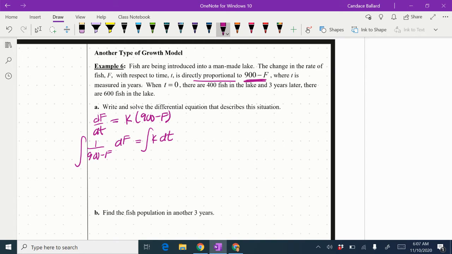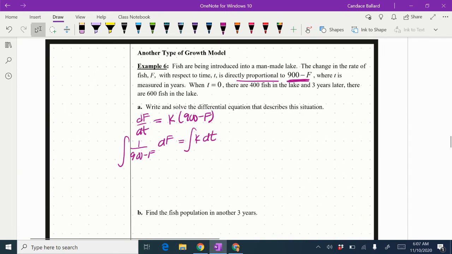I do notice that I need a u substitution here because my u is going to be this part right here. So u equals 900 minus F, meaning that du is equal to negative dF, meaning I need a negative here and a negative here in order to use my u sub. I'm going to go ahead and plug in my u. So I've got that negative hanging out.